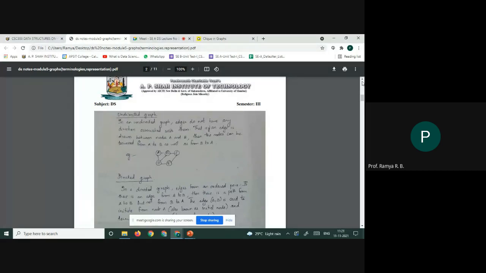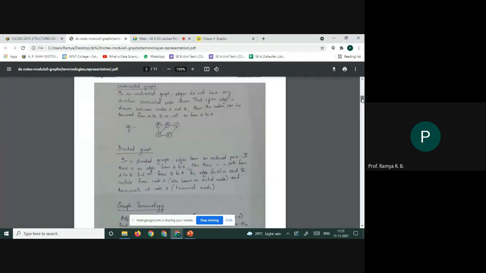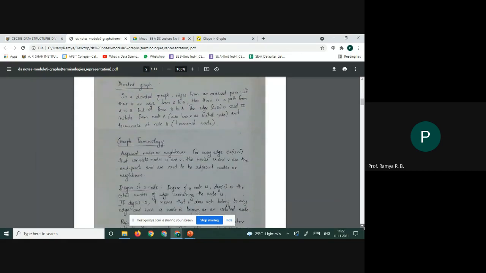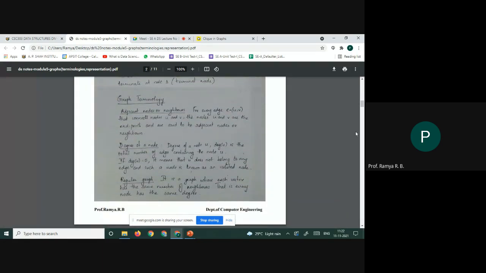So what is a directed graph? A directed graph is a graph where you have the direction associated with every edge in your graph. And in an undirected graph, as you can see in the figure, there is no direction annotated on any of the edges, right? These are the two primary types of graphs. I think you know all these things. You've learned this in DSGT also, right?